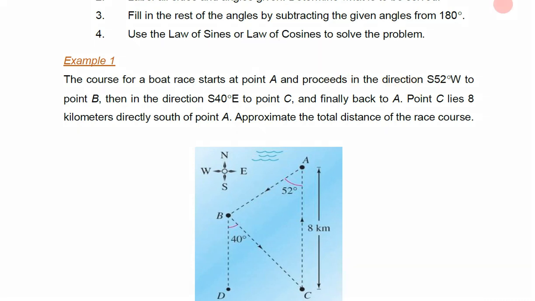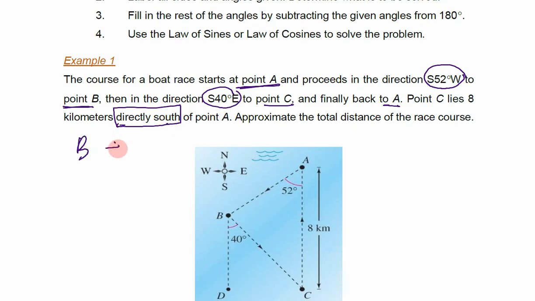For example here, the direction from point A is south 52 degrees west until point B. Then the direction for this one is until point C, and then finally back at A. It's also important to see this other information: directly south of point A. B to A is directly south.